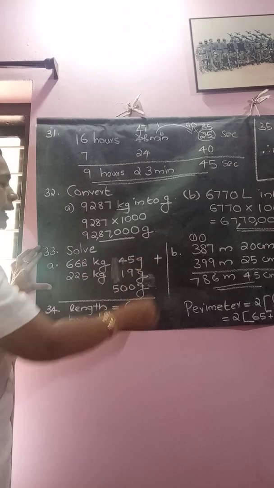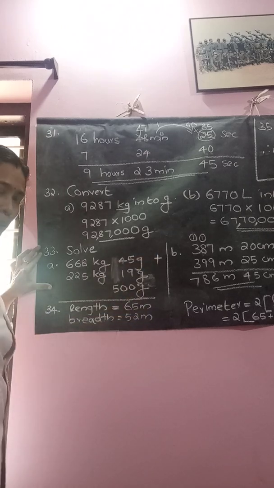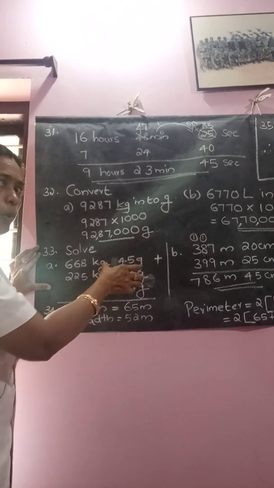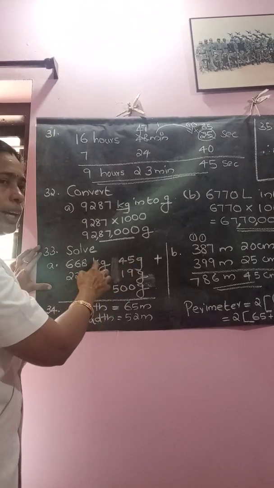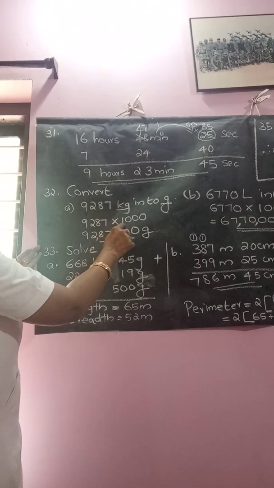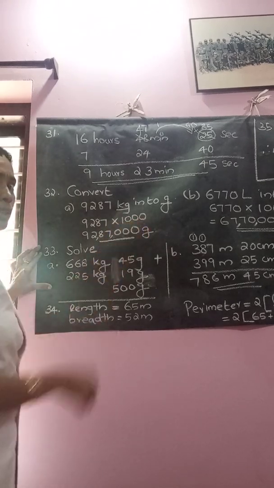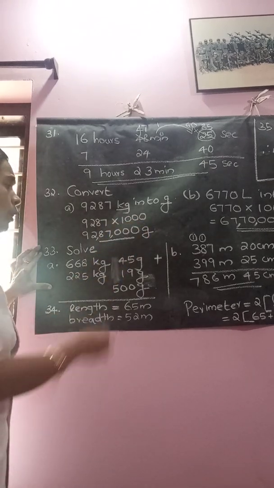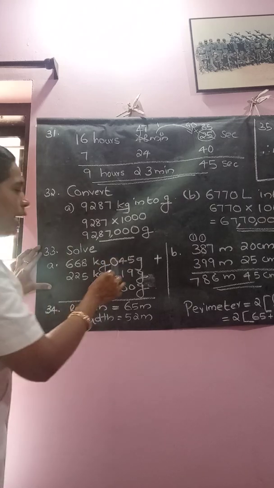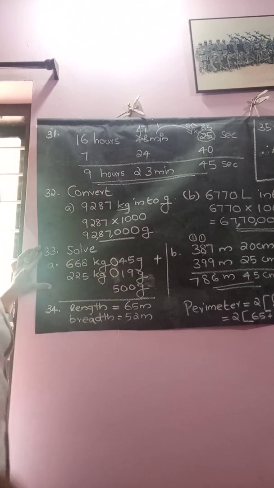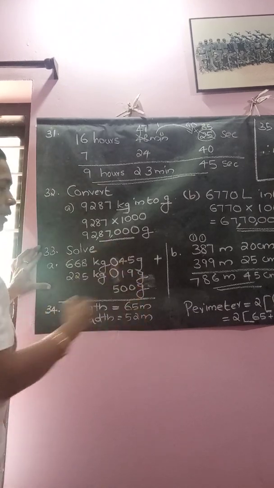When we are adding the three, for the gram portion, how many digits are required? Gram and kg, when we compare, we need how many places? Three places are needed. So we have to insert a 0 here, and here also we need to insert a 0. Then we can start our addition.